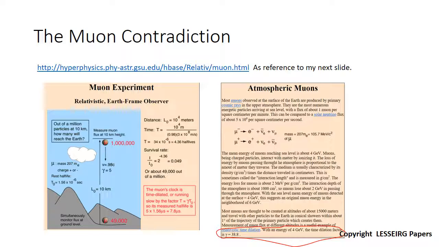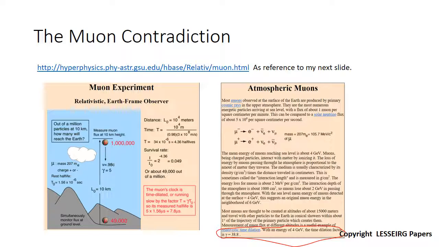Hyperphysics has a pretty good explanation on how to calculate the muon count depending on the speed of the muons and the decay rate. Interestingly, they also use the 4 giga-electronic volts, and there they come up with a gamma of 38.8.